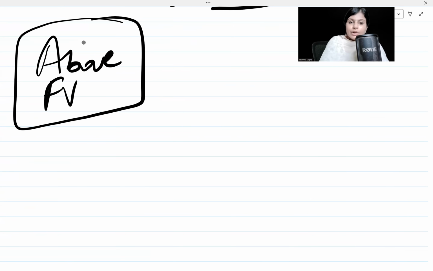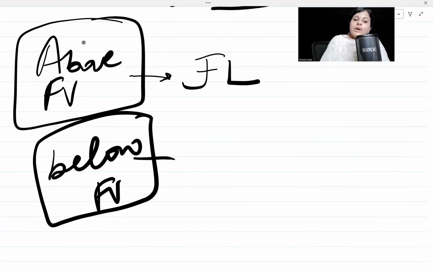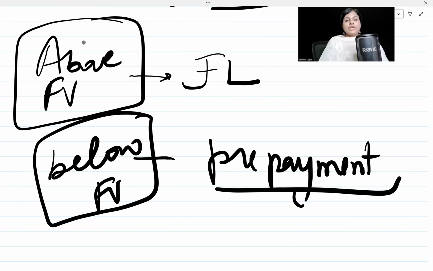When the transfer is above fair value, you receive more money. Then that extra money that you receive is treated as financial liability. And if the transfer is below fair value, that lower payment that you receive is treated as a prepayment. You assume you received it before, as prepayment, right? So this is what we do in case of sale and leaseback, and I hope it's clear.